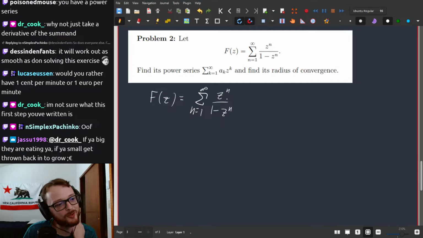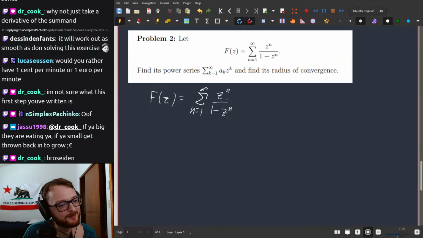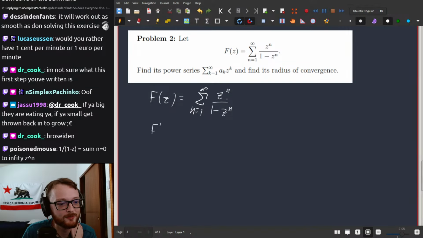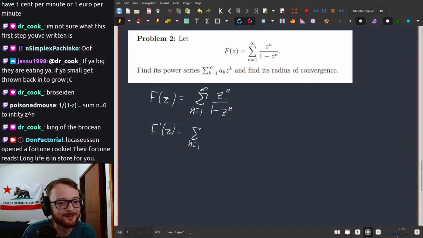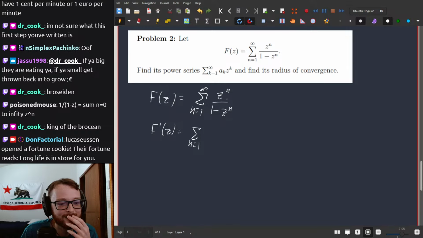I don't see that idea, Mouse. I don't know. But I mean, it's a quotient rule here. Quotient rule.